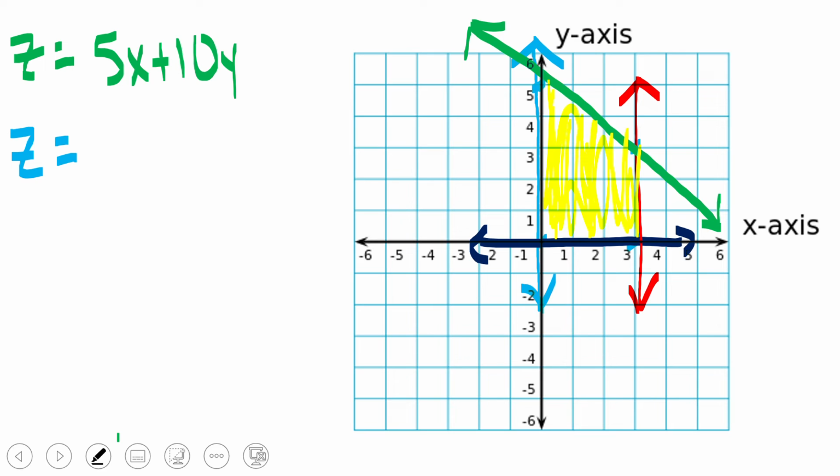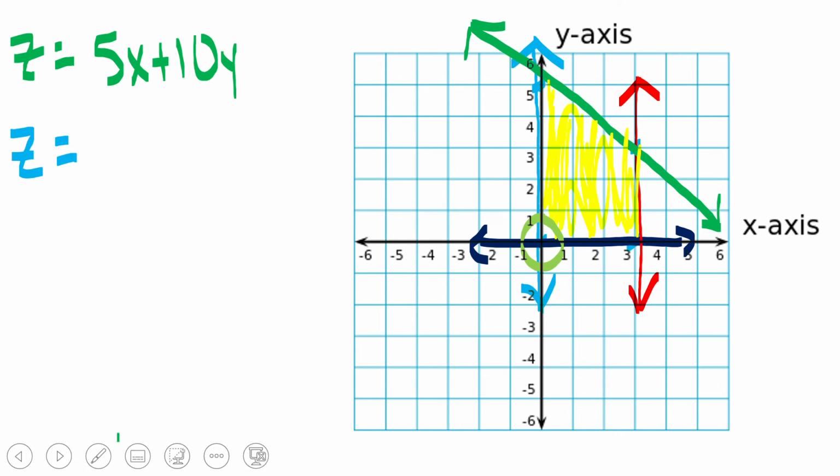I'm going to look for my plotted point at 0, 0 and plug it in. So we'll do that. We plug in 0 for x at the origin, 0 for y at the origin, and our answer is 0 for our first test.